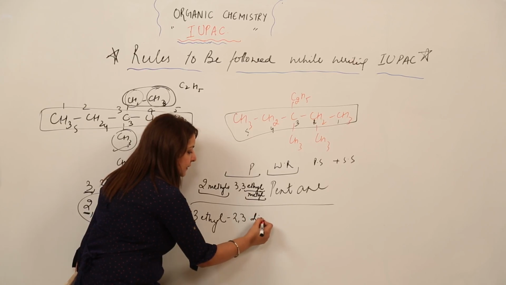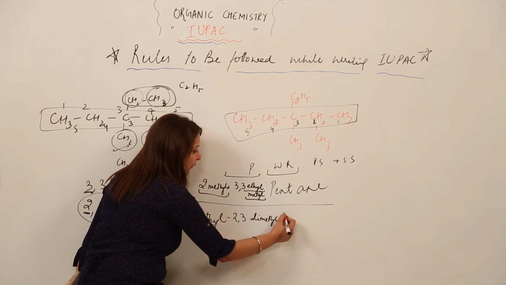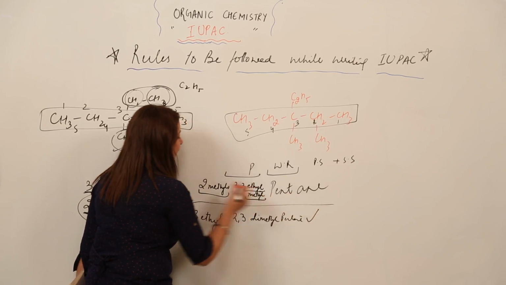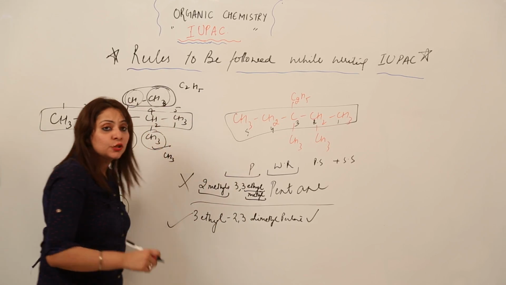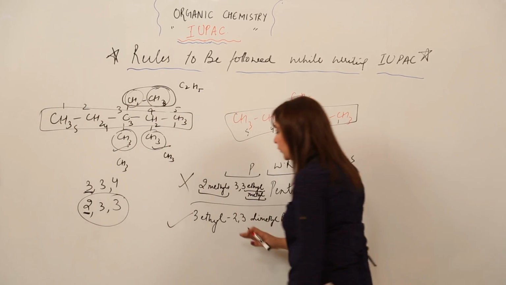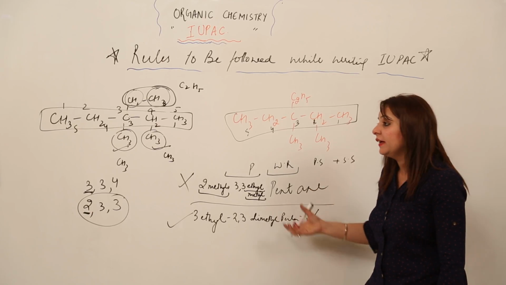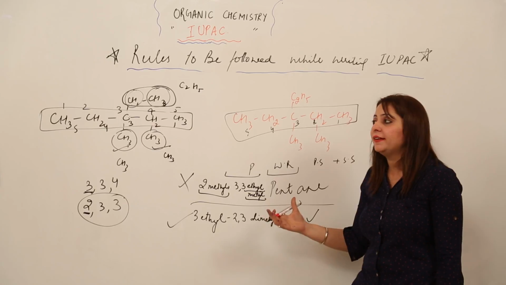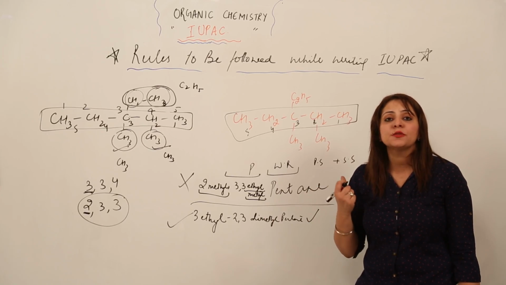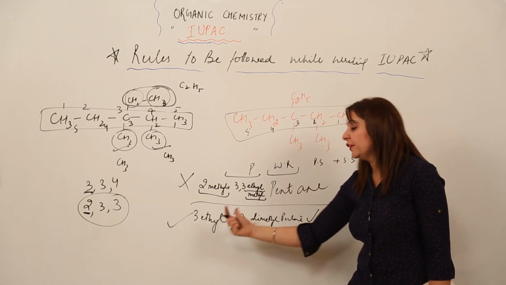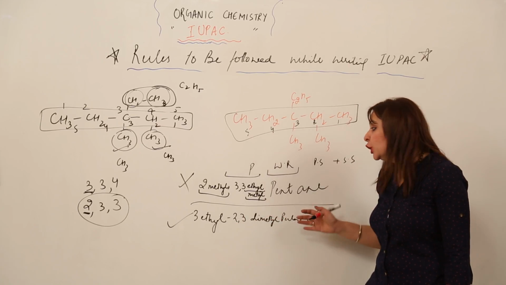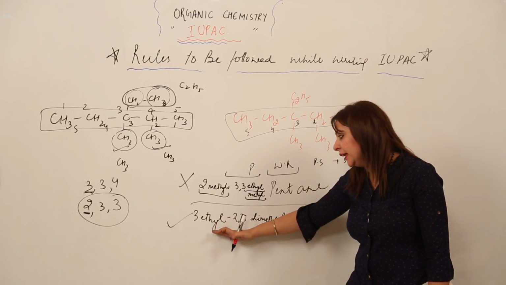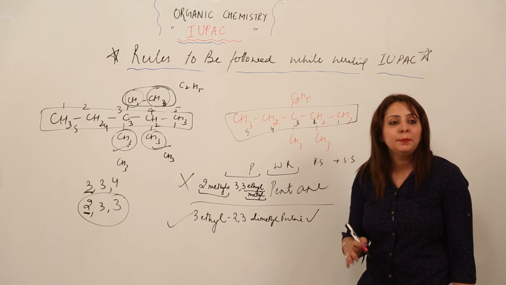So I can write dimethyl, then pentane. So the correct naming is not like this, it is this. As you can see, what is the difference between them? It is just the difference of rearranging them, right? Because we know that the substituent whose letter comes first in alphabetical order is written first, followed by the other one. So the perfect name for it is 3-ethyl-2,3-dimethylpentane, right.